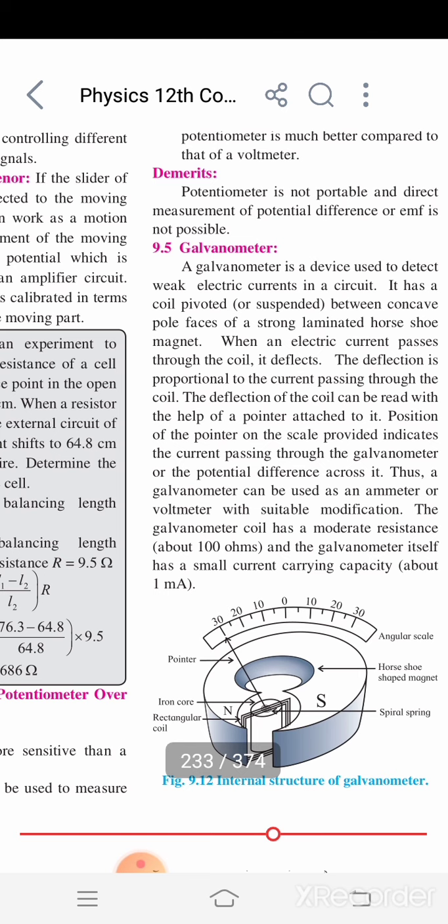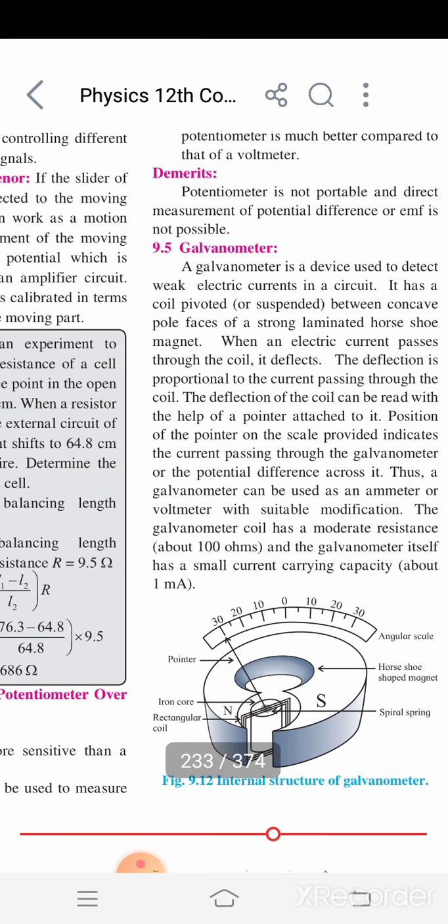Using the merits, the potentiometer instrument is used in place of a voltmeter, and the voltmeter is used due to these demerits.